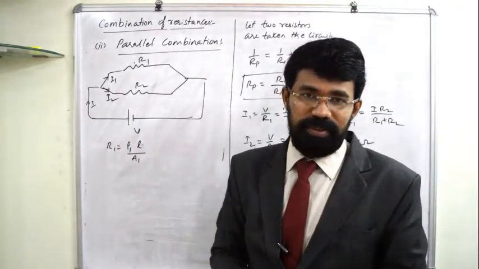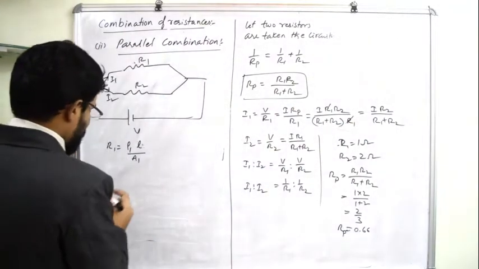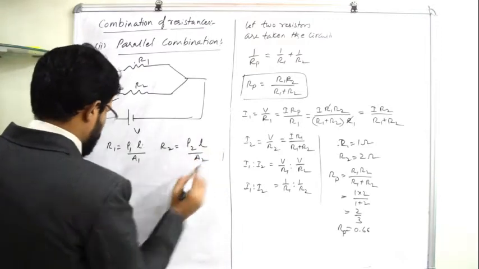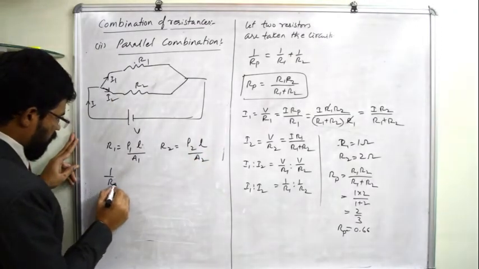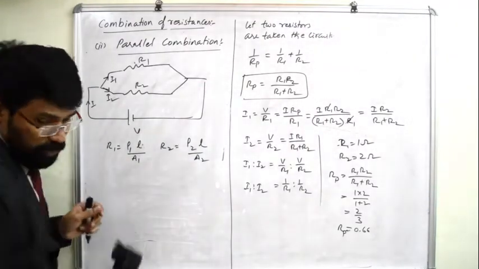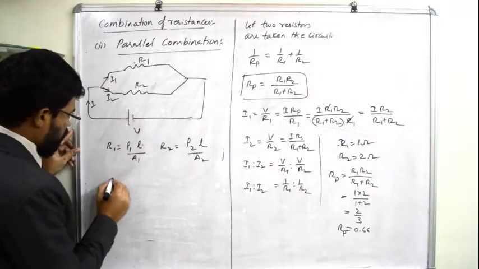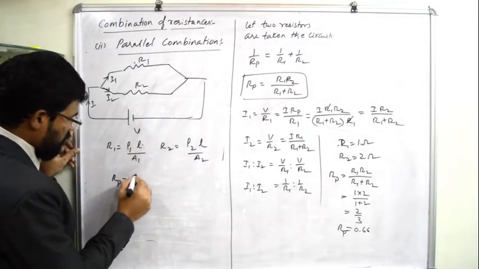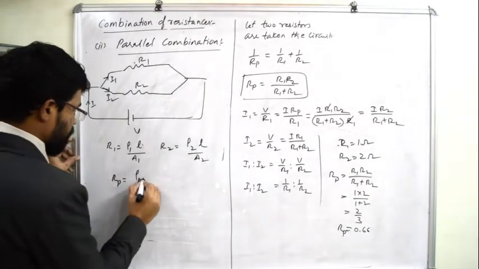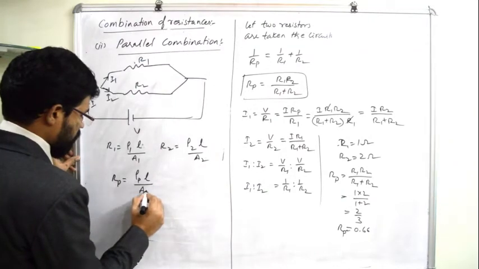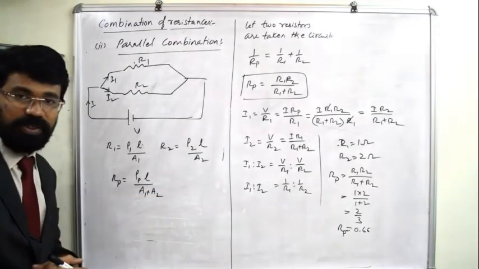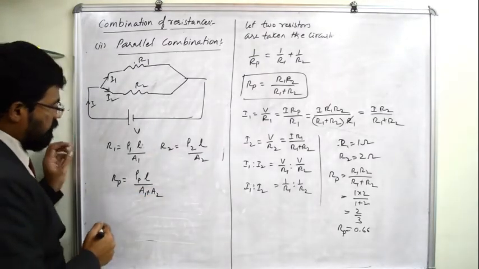So you can have different cross sections, no problem. And R2 can be expressed as rho 2 L by A2. Therefore, let me talk about Rp also. The effective resistance of the parallel combination, Rp, can be written in terms of resistivity as rho P, the effective resistivity related to the parallel combination, into L by the total area into which this current is entering, A1 plus A2. That's how you can consolidate the data connected with the resistivity.